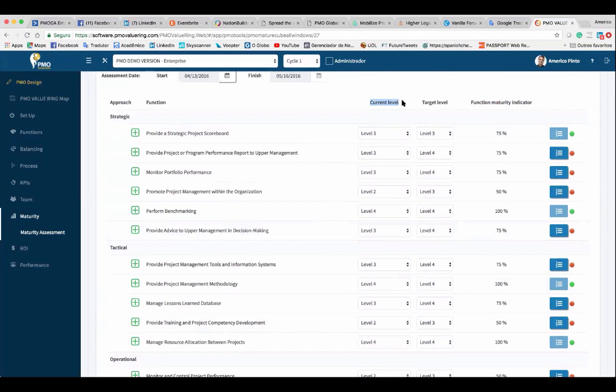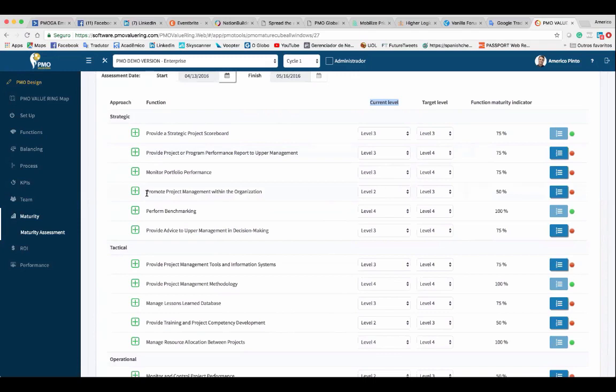The top level is always 4, all right? So my current level is 3, and the top level is always 4. So 3 divided by 4, 75. Again, here, 3 divided by 4, 75.